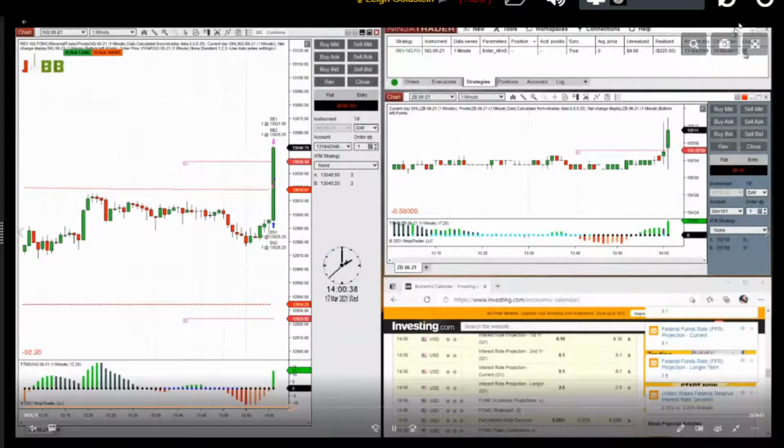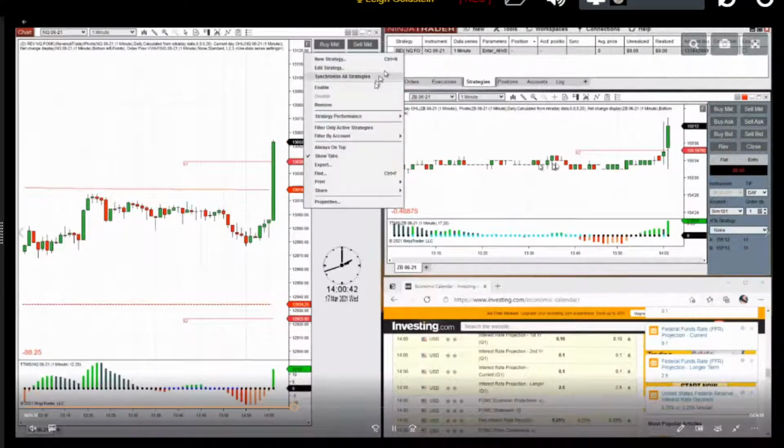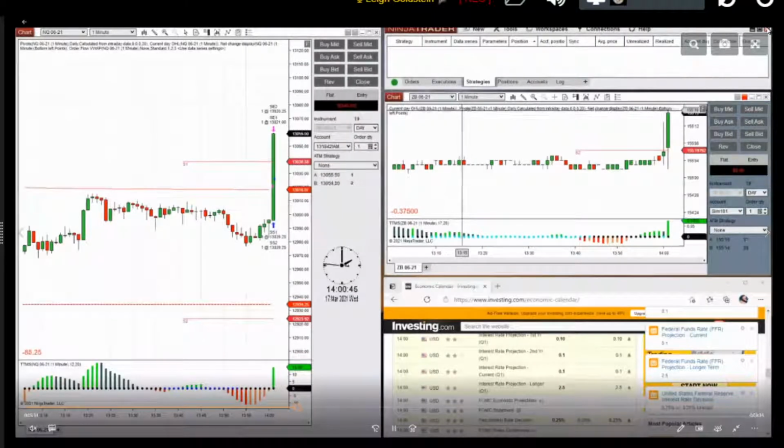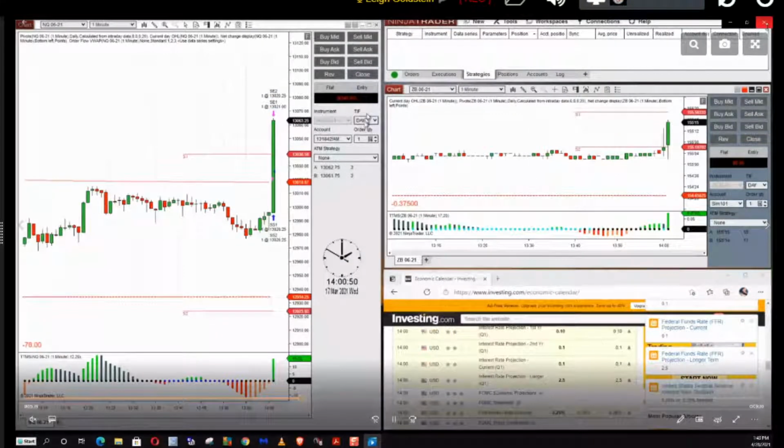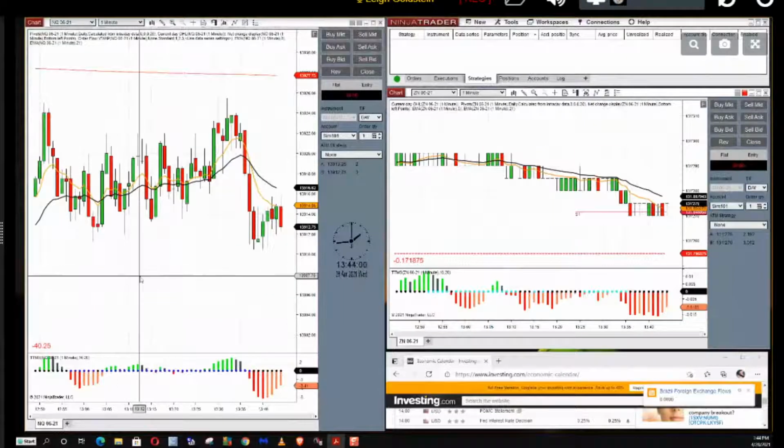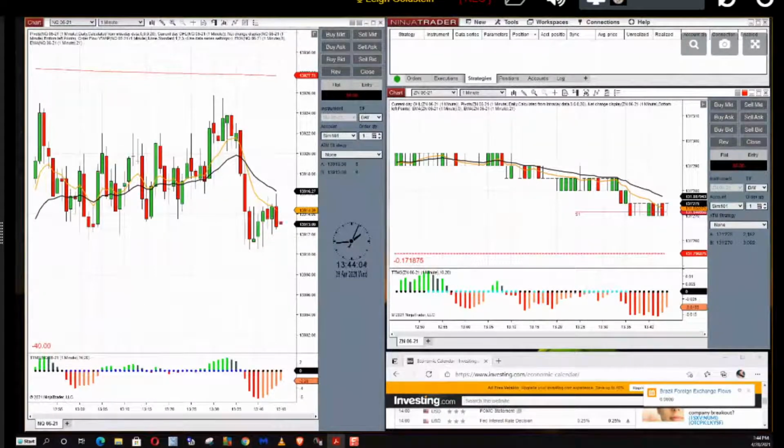I'm not sure about bonds. I haven't tested it enough yet. Now it's moving. So there's certainly movement. The question is, is there a trade? Movement does not always equal a trade, okay? Does not always equal a trade.